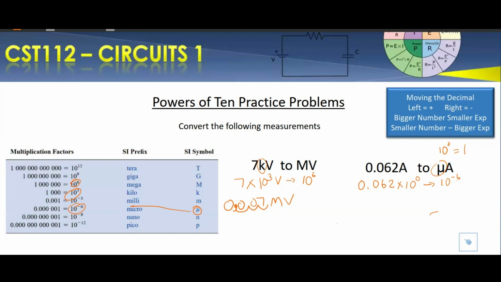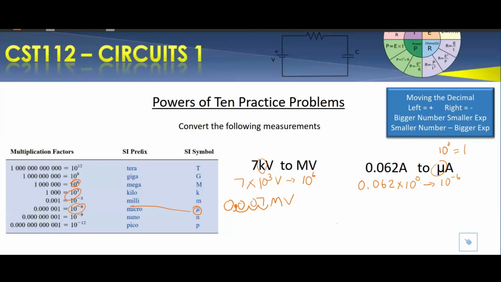I know I'm probably starting to sound like a broken record by now, but that's what we're doing, just so that we can get in the habit of programming our minds to think that way. So if we make the exponent smaller, we need to make the number bigger by moving the decimal to the right.